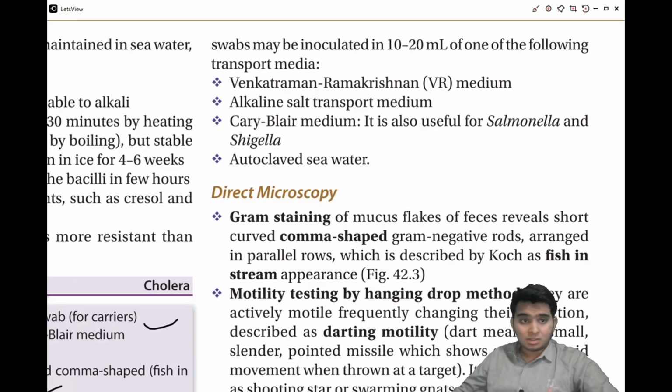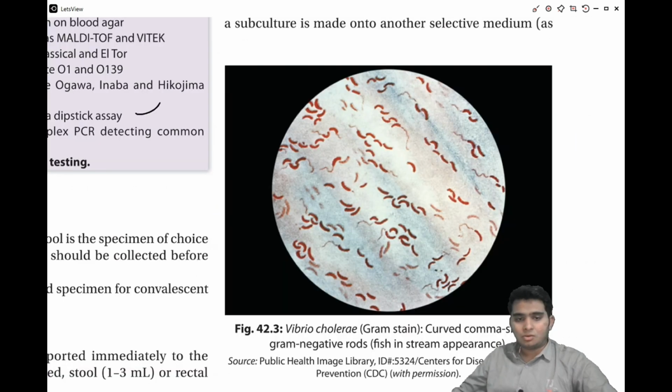So for the transport media, VR medium, Venkatraman Ramakrishnan medium, then alkaline salt transport medium, and autoclaved sea water. Cary-Blair medium is also used for Salmonella and Shigella. On gram staining, gram negative rods, fish in stream appearance is seen.